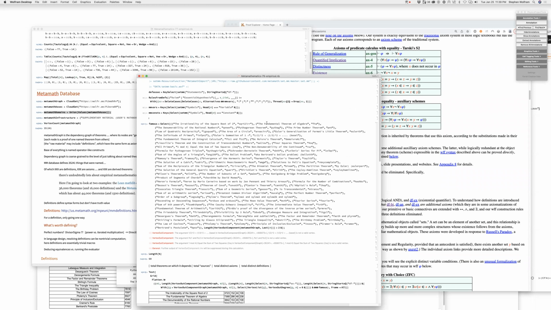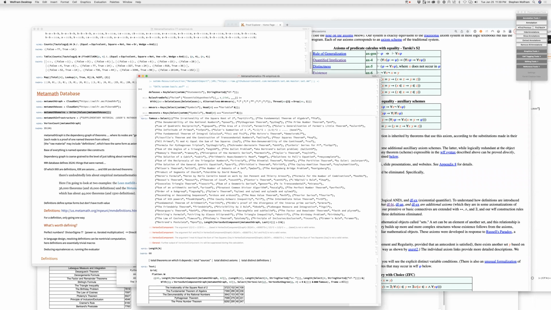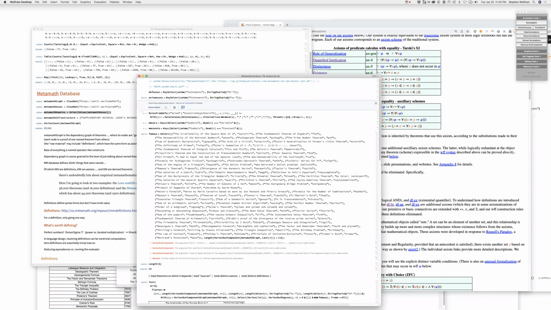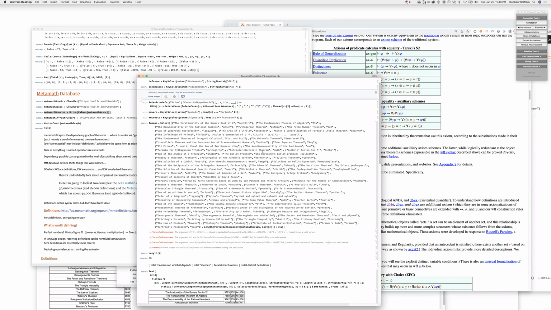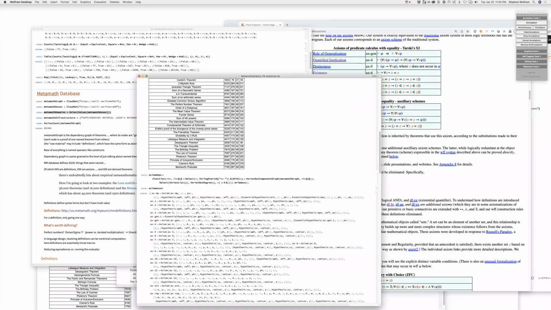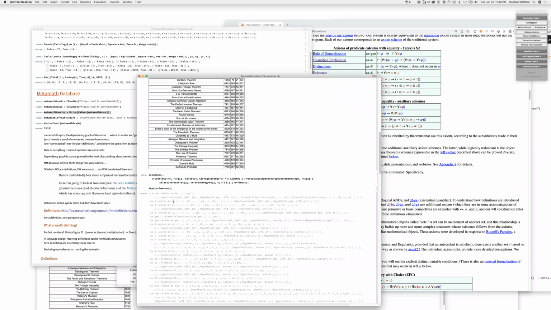So what we want is axiom a sock. Okay, fine. Now we want to look at those. Let's just say keys of that.